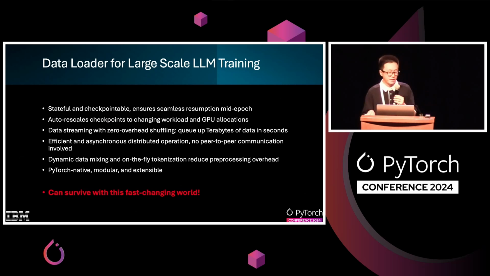You can, of course, design something that works with 15 trillion, but what if next year we have to deal with 30 trillion, 50 trillion, or 100 trillion? We need some forward thinking, and that forces us to think about whether we can build something with zero overhead for shuffling that can deal with an arbitrary amount of data. That's just one example of how the world is changing fast, so we need forward thinking to build a data loader that can not only survive today, but also survive tomorrow.